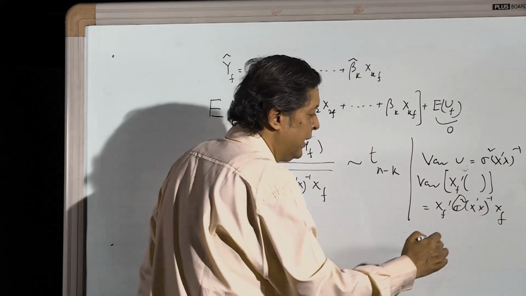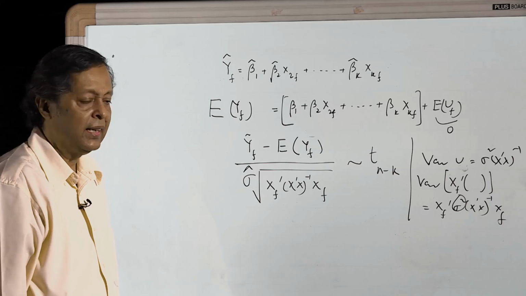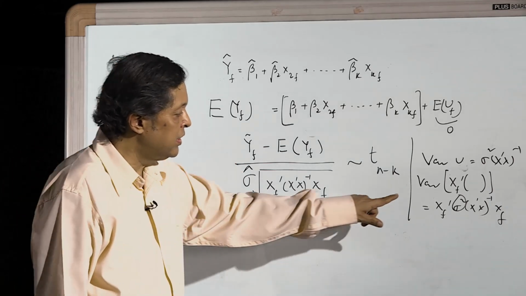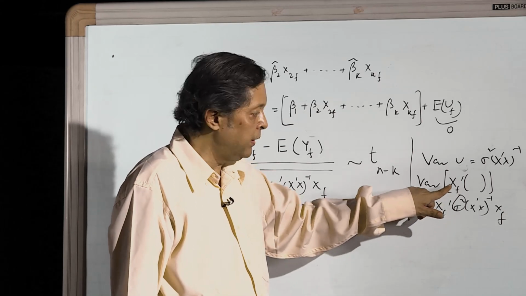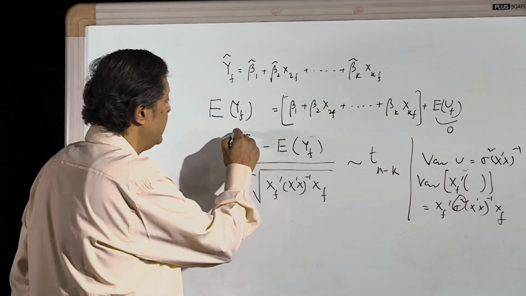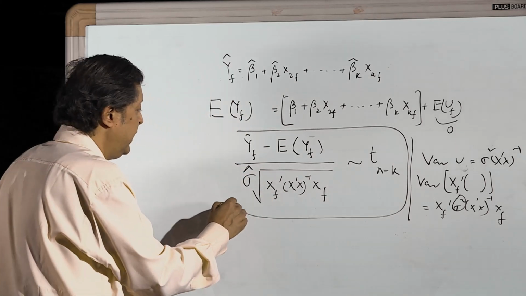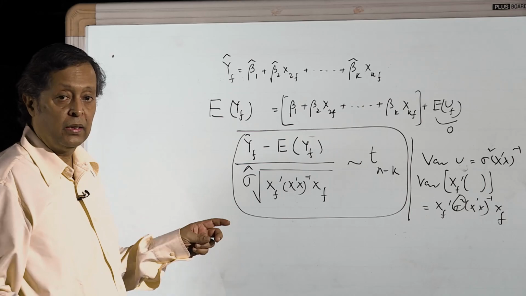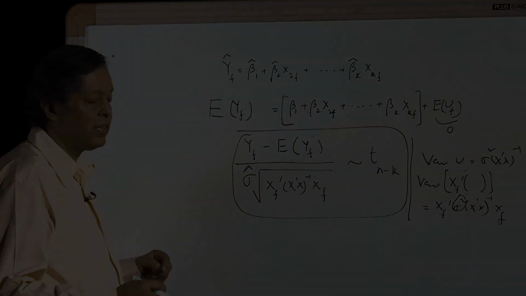This sigma square is estimated as sigma square hat, and when we take the t distribution we have to have the standard deviation. This is a scalar because you have a row vector in front, and so that is the result we use to form the t distribution. This gives us the confidence interval, the confidence with which we can make the prediction.